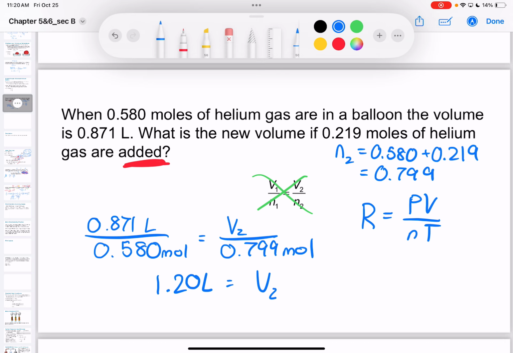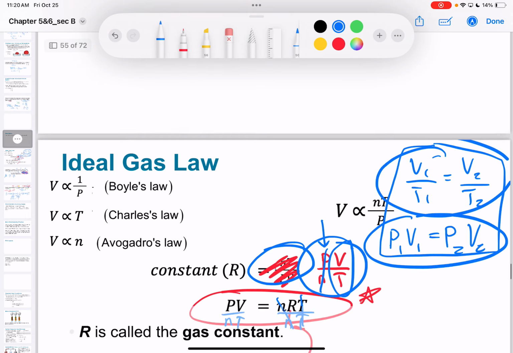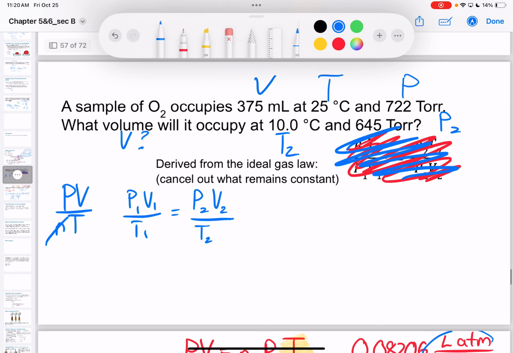I just include V and N. So I cancel out P and T: V1 over N1 equals V2 over N2. So it's like I'm pulling out the parts of the equation that I need to use. Okay, let's go back and solve this one.